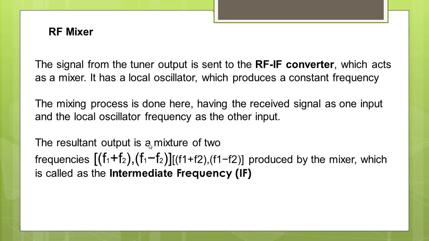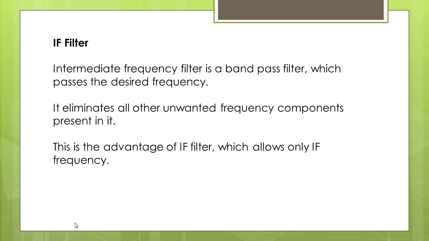So the output of the RF mixer is a combination of two signals. One is the sum signal, that is F1 plus F2, and the second one is the difference signal, F1 minus F2. Both of these frequencies are produced by the RF mixer. This signal is known as the intermediate frequency signal, IF. Then we have the IF filter.